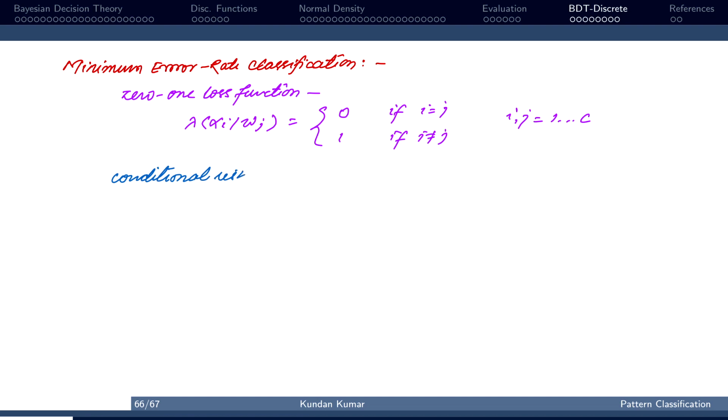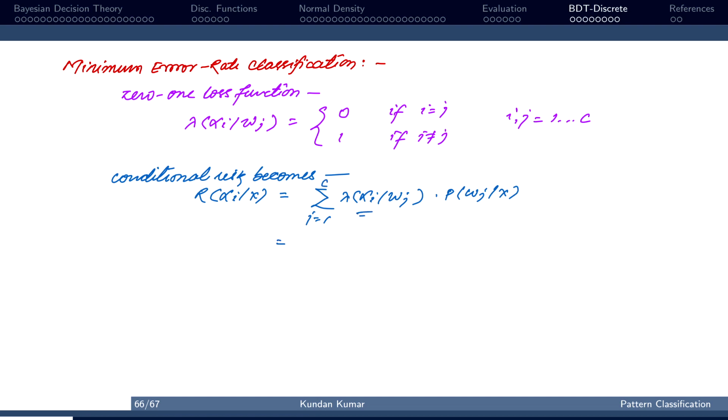Conditional risk becomes R of alpha i given x equal to, we know the expression, summation of lambda alpha i given omega j into the posterior probability over all the classes.